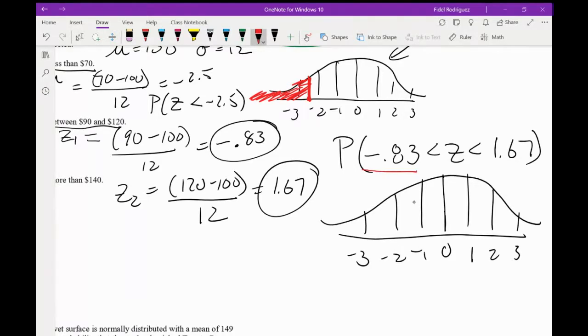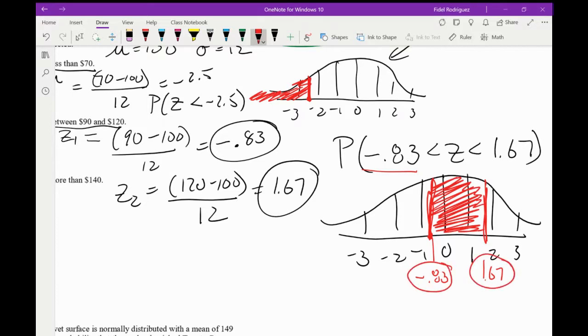The numbers I'm interested in are negative 0.83 right here, and 1.67 right here, and I'm looking for the area in the middle. So I know my lower number and my upper number. So when I use my normal CDF, now I know what my lower number and my upper number are.